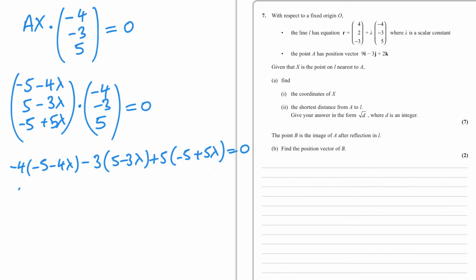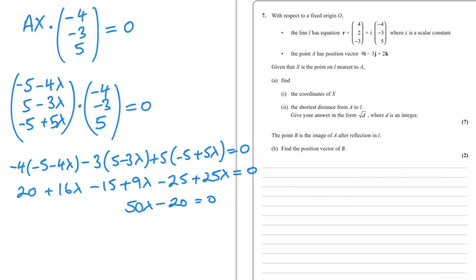So expanding, I get 20 plus 16 lambda, minus 15 plus 9 lambda, minus 25 plus 25 lambda equals 0. This will give me 50 lambda minus 20 equals 0. 50 lambda equals 20, lambda equals 2/5.